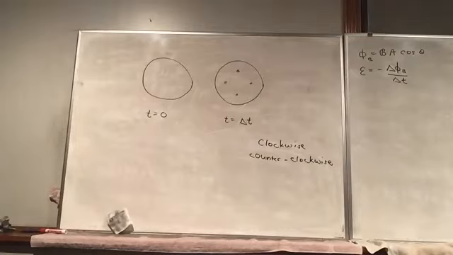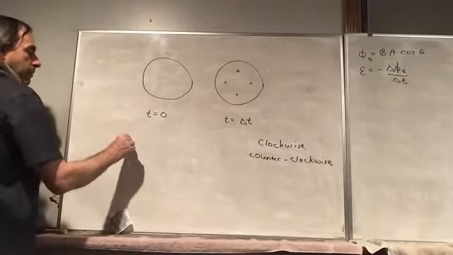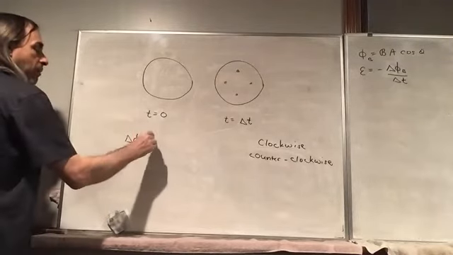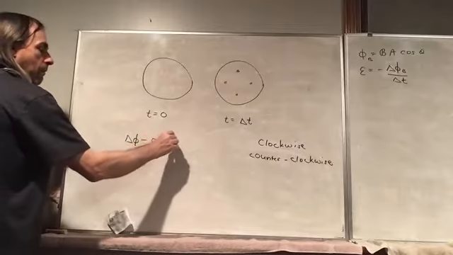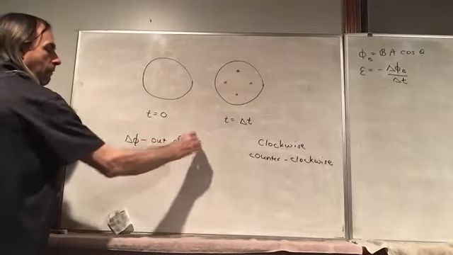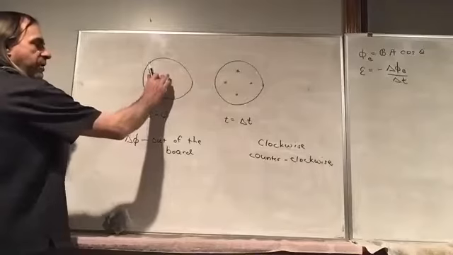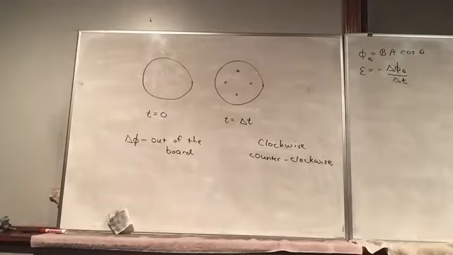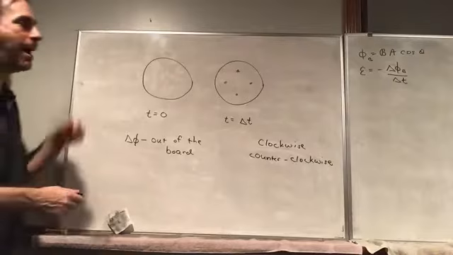So what we do is first we look at what is delta phi, the change in flux. That would be out of the board. So we had a flux of 0, the final flux is out of the board. The change was out of the board. And so that changing flux creates an EMF.